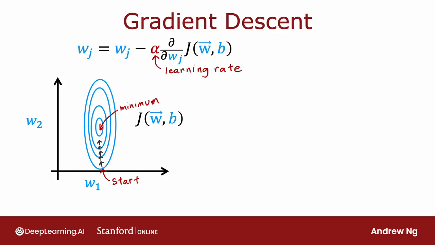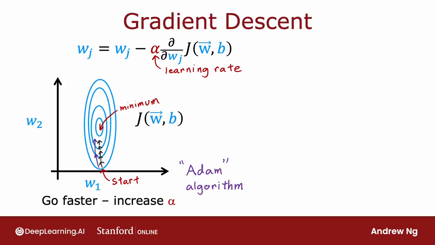Can we have an algorithm to automatically increase alpha to just make it take bigger steps and get to the minimum faster? There's an algorithm called the Adam algorithm that can do that. If it sees that the learning rate is too small and we are just taking tiny little steps in a similar direction over and over, we should just make the learning rate alpha bigger.